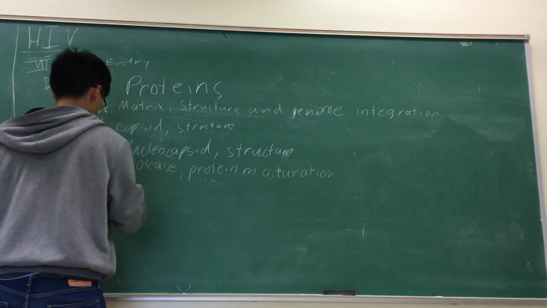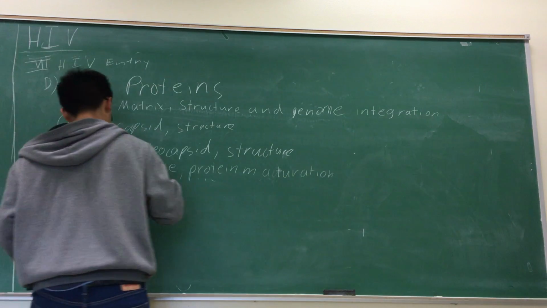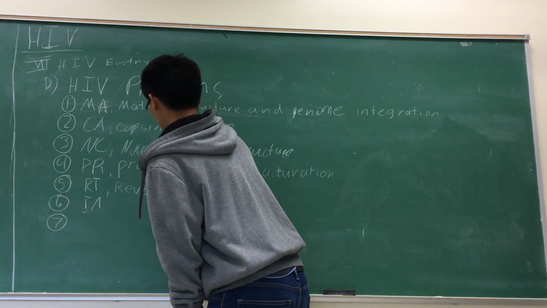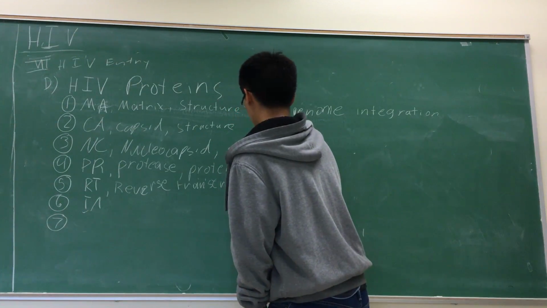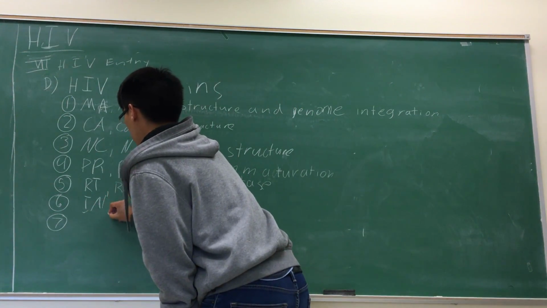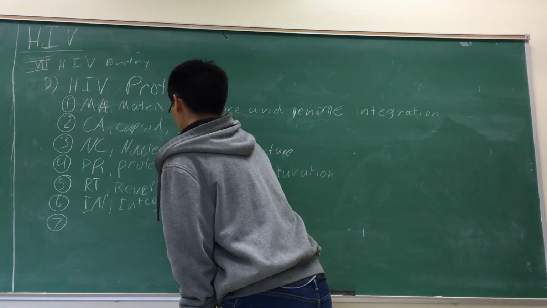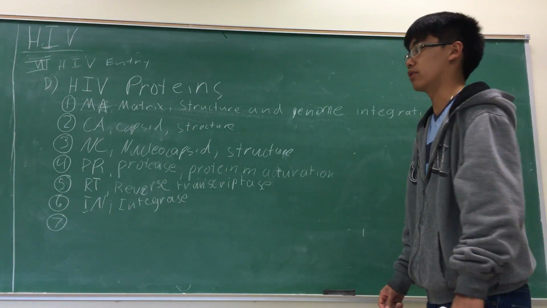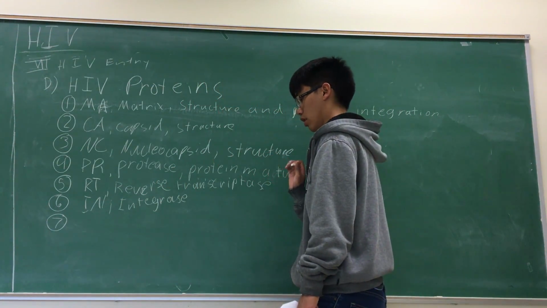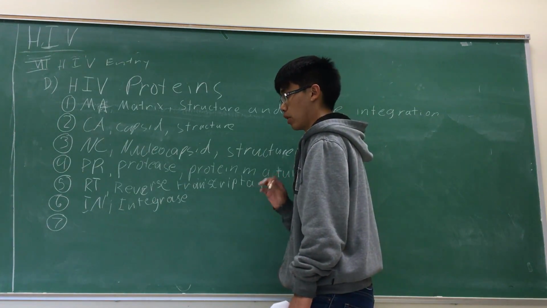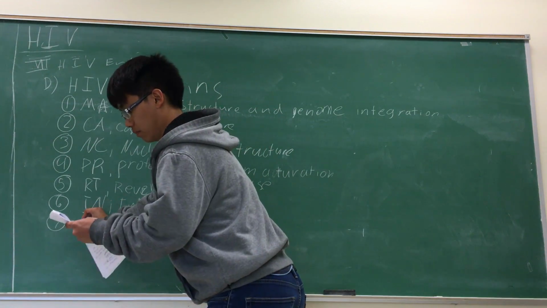You got your reverse transcriptase, and integrase. Reverse transcriptase allows you to go from positive ssRNA to double-stranded DNA. Integrase allows you to integrate the double-stranded HIV DNA into the cell genome.